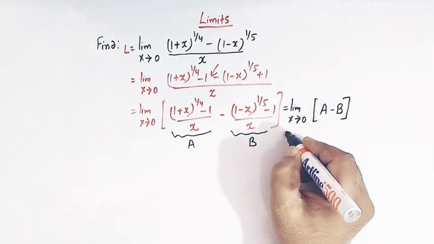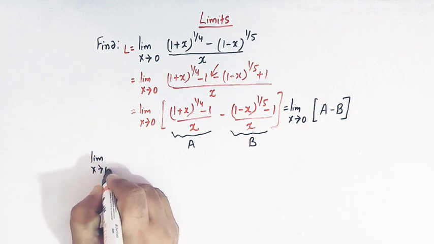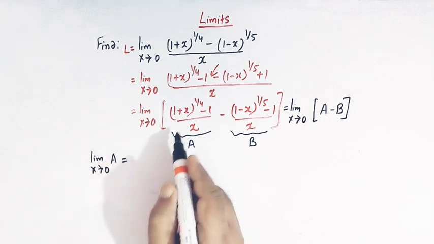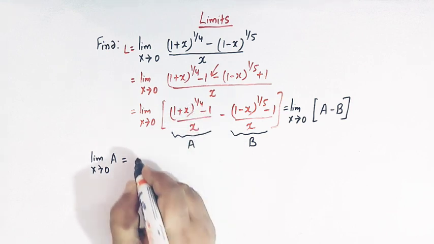First we'll calculate limit x tends to 0 of A, and A is (1 plus x) raised to 1 over 4 minus 1, over x.